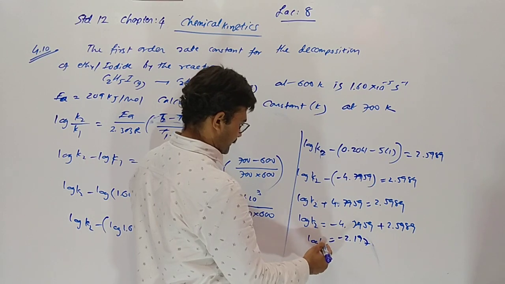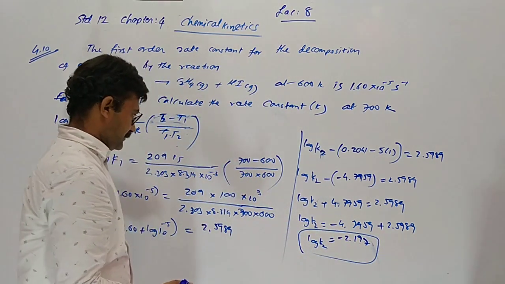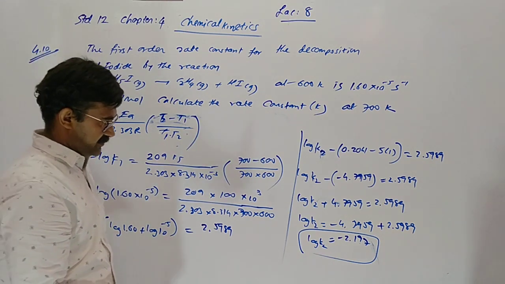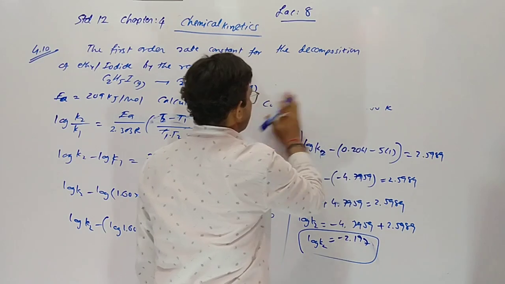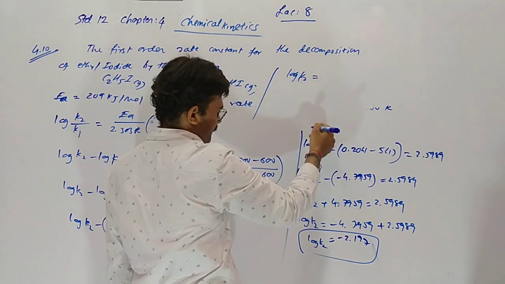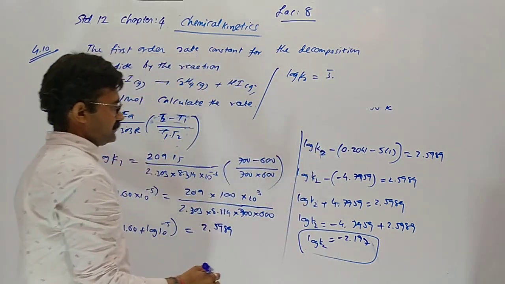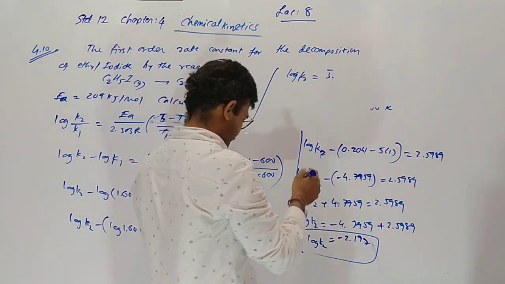But actually this is log K2, and antilog of a minus is not possible. So log K2 is bar 3, minus 2 converted into bar 3, and 1 minus 0.197 gives 0.803.